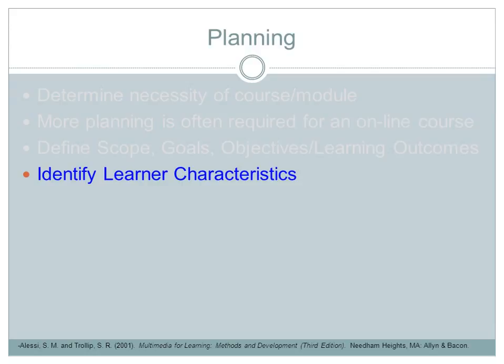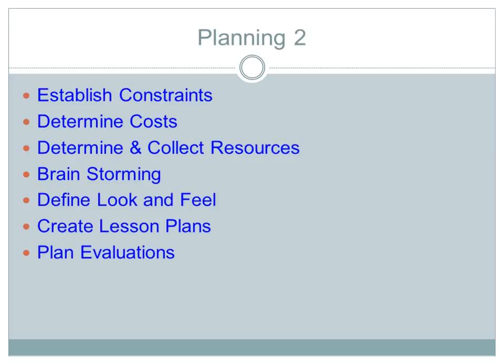Identify the characteristics of the learners or the participants likely to avail themselves of the educational program that you're developing. Make sure that you establish constraints or set the scope of the program. You'll need to determine costs, both financial costs as well as costs in terms of time and effort that are going to be required to pull this off.